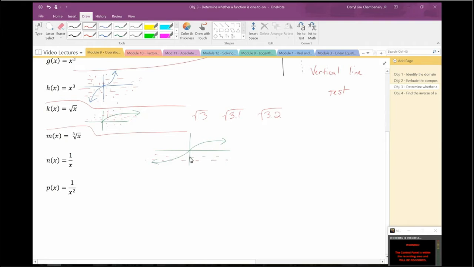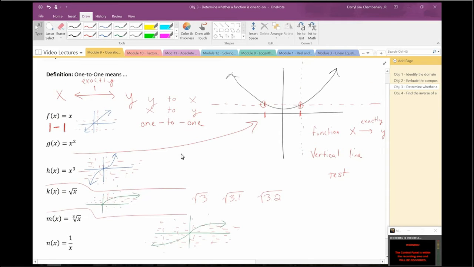Really, it's a lot more like x cubed on its side. This looks like a mess, but if you were watching as I was putting those lines, you can see it passes both the horizontal and vertical line test. So far, the only one that didn't pass was x squared.